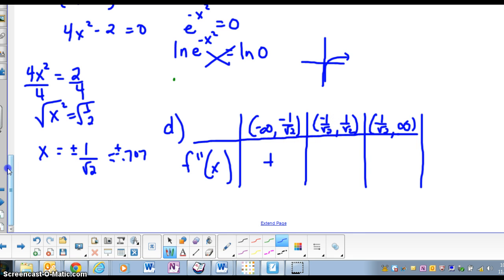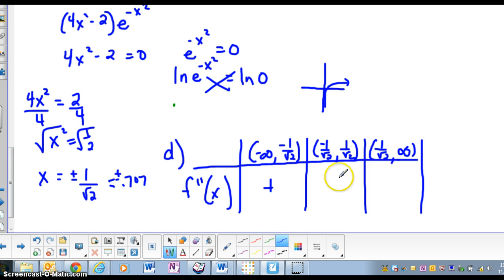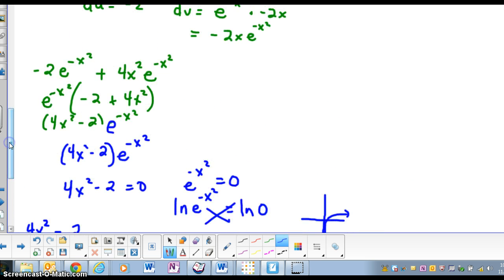I test that into my second derivative, and we have 0 minus 2, and e to the 0 would be 1, so we would get a negative number, because it would be negative 2 times 1. And last, we would test maybe positive 1, and that again would be a positive value.